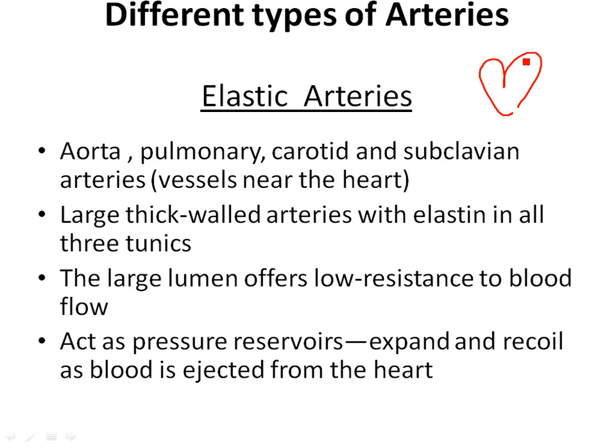As it pumps and contracts, that's going to put a lot of pressure on these vessels, and you want to make sure they don't blow up, or that they're able to recoil and expand and contract as you need. So all of these vessels are going to have lots of elastin in them. That's going to be a primary component of all of the elastic arteries, hence the name elastic arteries.